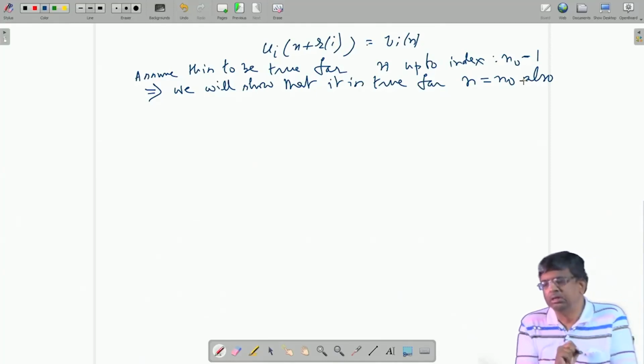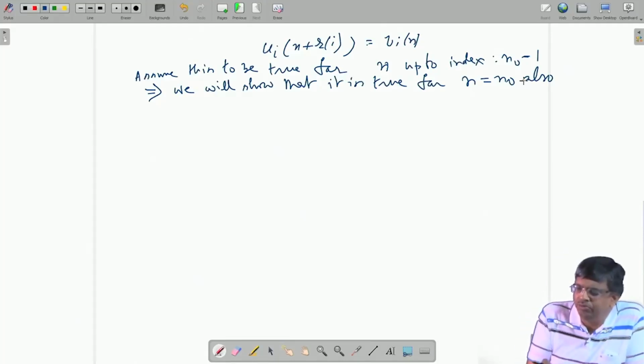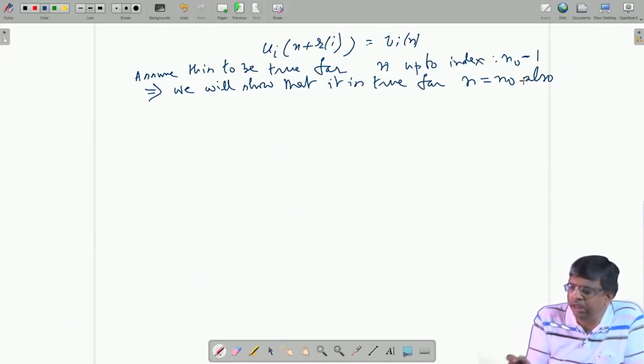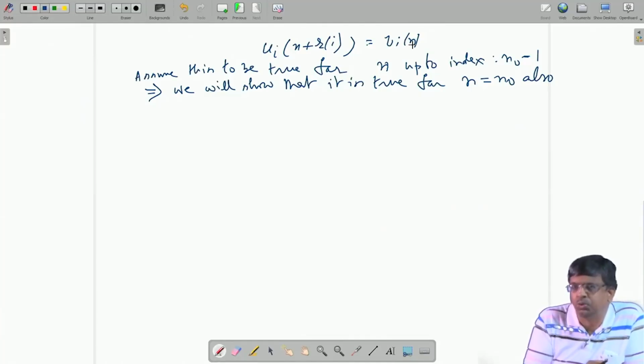This is by induction. And then one case I will show directly to validate this assumption, that at least for one n naught this is true. That for n naught minus 1, left hand side is right hand side. If that is valid, this will continue by this recursion. Okay.